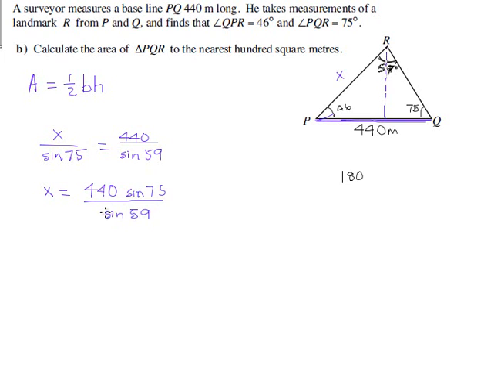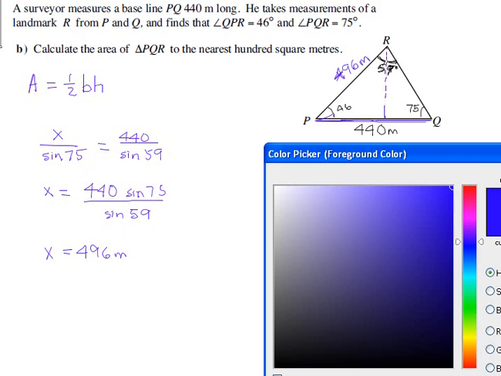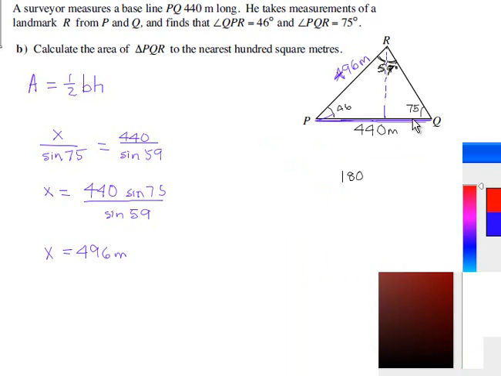So 440 times sine 75 divided by sine 59. That side is 496 meters long. 496 meters. Okay. That's going to be helpful soon.